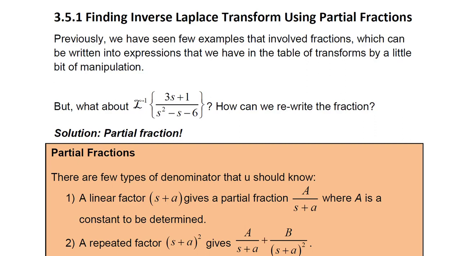The second is if you cannot factorize, you have to use completing the square. If you see the denominator is not in the table of Laplace transform, remember two things: first, try to factorize and then use partial fraction, and second, try to use completing the square. This is the tip.